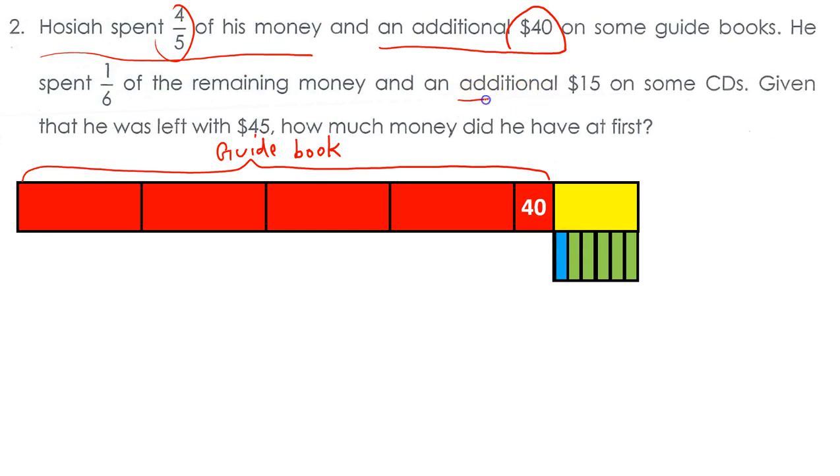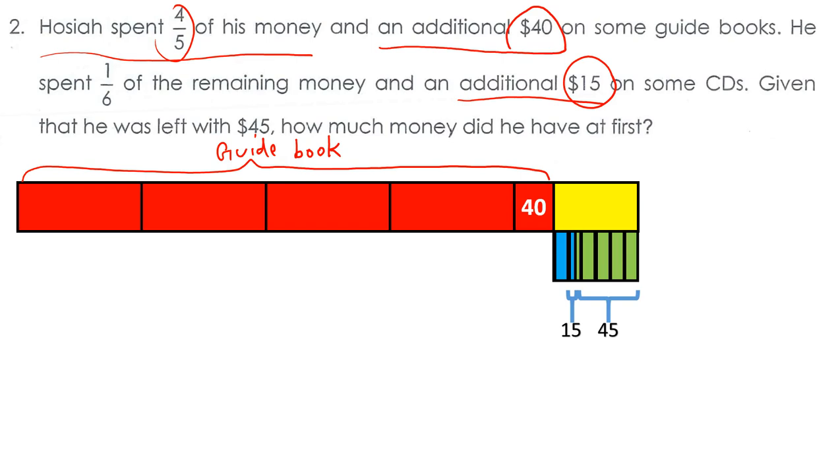And an additional $15. Again, this $15, we are not too sure whether there's 1 unit or less than 1 unit or bigger than 1 unit. So I'm just going to draw an imaginary 15. You notice the blinking? This is 15. He spent 1/6 of it plus an additional $15. Now, given that he was left with $45, whatever is left, all these in green, is 45.